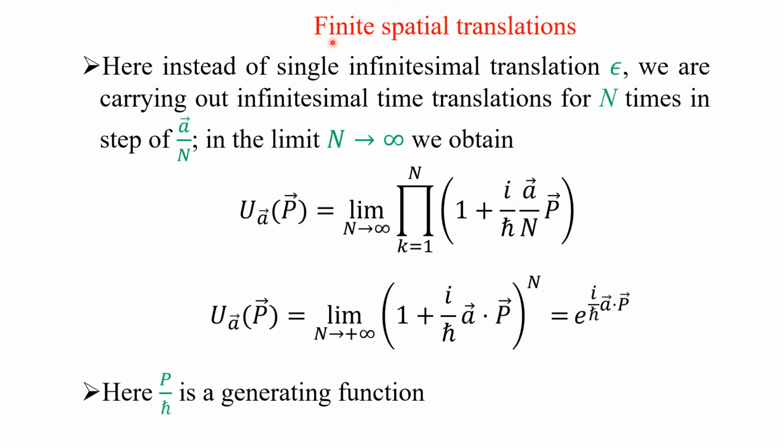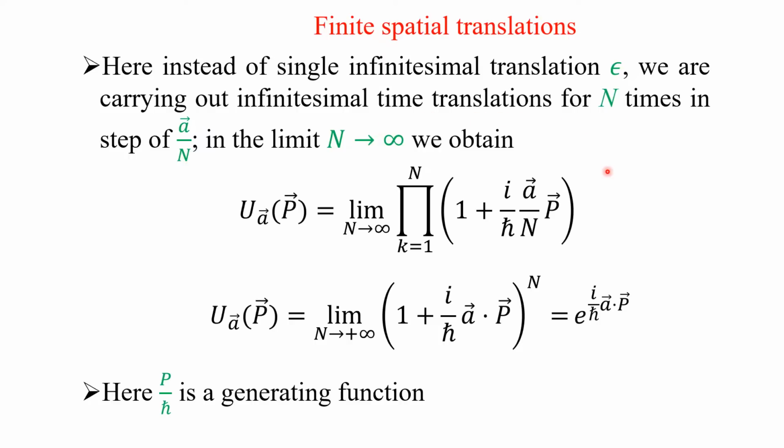Now we will see the finite spatial translations. Here, instead of a single infinitesimal translation epsilon, where epsilon is a small parameter, we are now carrying out the infinitesimal translation n times.